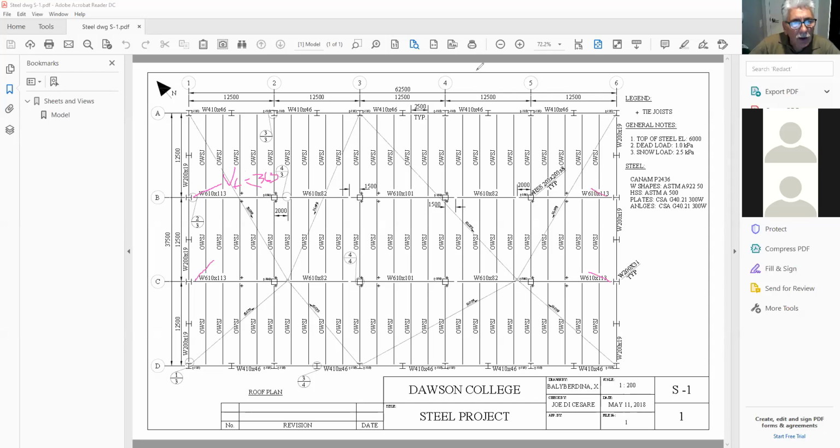Fair enough? Then this one here is the same as this one here, the same as this one. No, sorry, there's no connection here. This one goes right over. Let me erase that, my mistake. So this one here is the same as that one there, and that one there, and that one there.